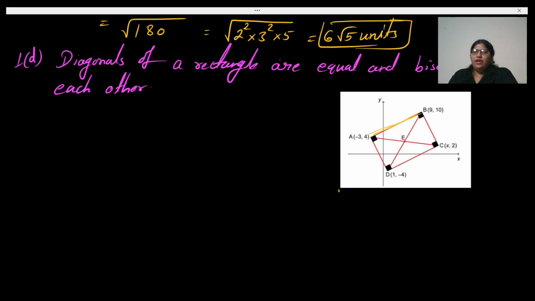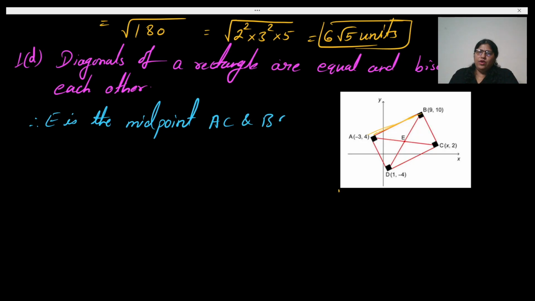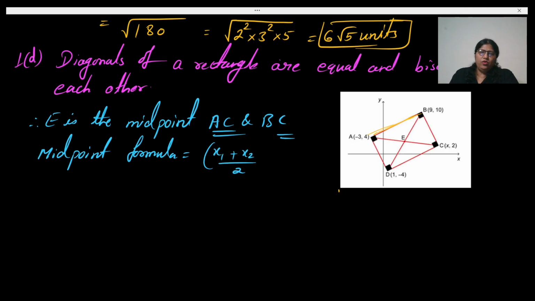Because bisect means E is the midpoint of AC and BD. So you can take any one set of coordinates and use the midpoint formula. What is your midpoint formula here? You know that for the endpoints, it is x1 plus x2 by 2 comma y1 plus y2 by 2.